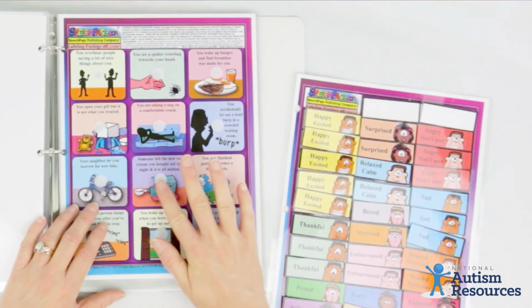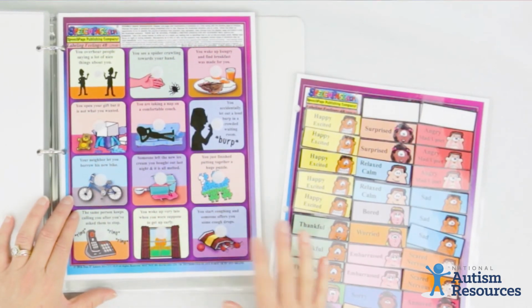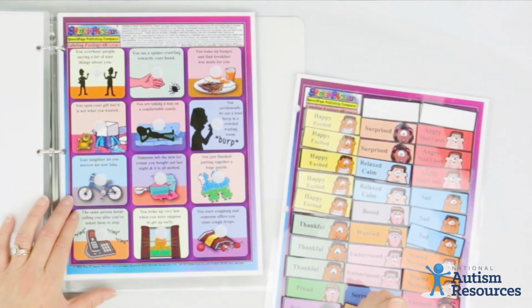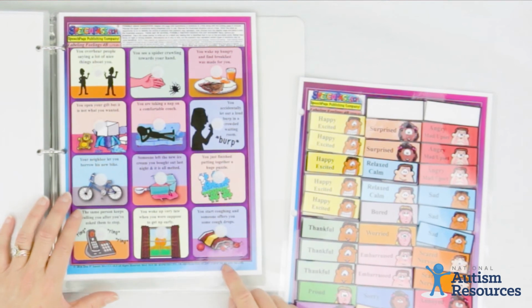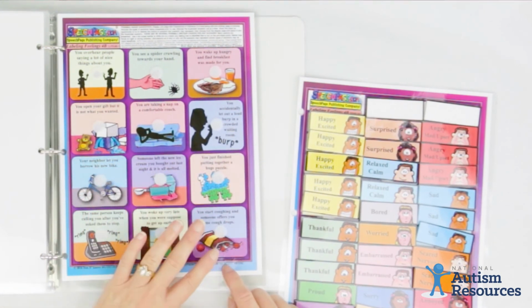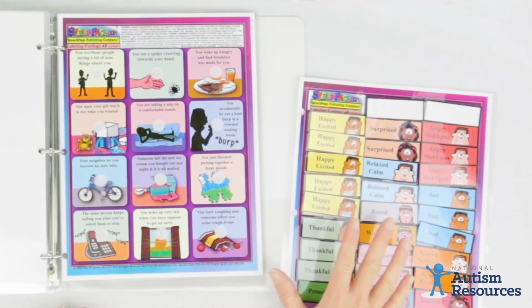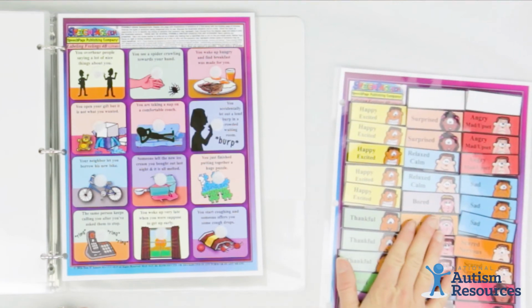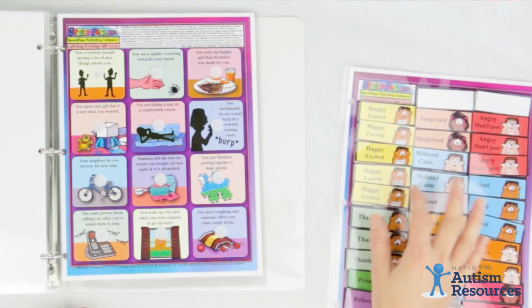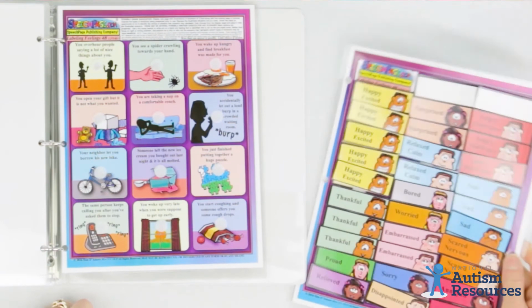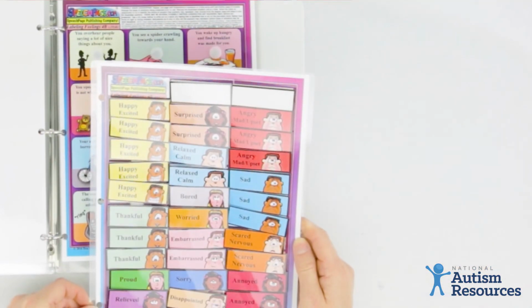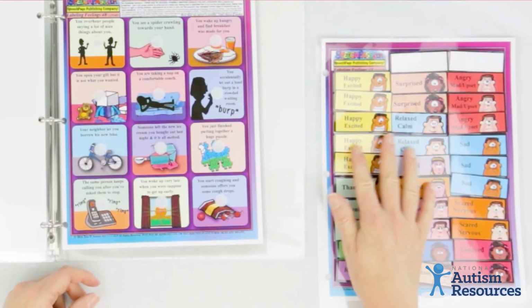So now let's move over to labeling your feelings. We've got a chart here, and the set comes with 4 pages of labeling feelings. Each picture has a different scenario that can evoke a different feeling. It's important to remember that there are lots of possible choices of emotions that you could feel with each of these scenarios. For your students, it might be a little overwhelming at first.